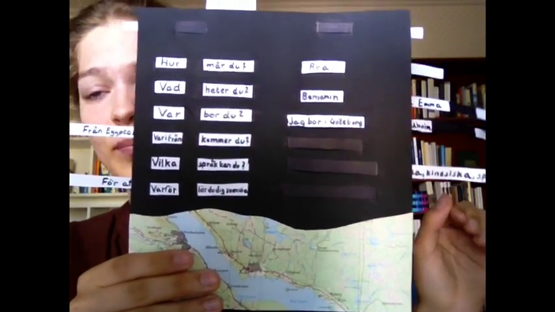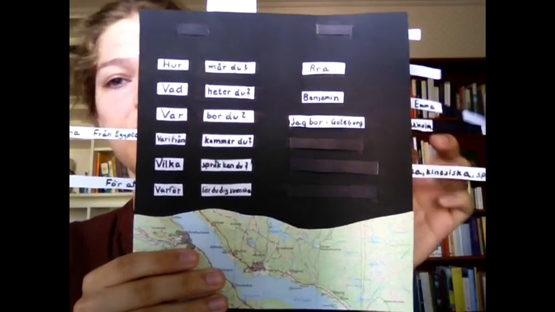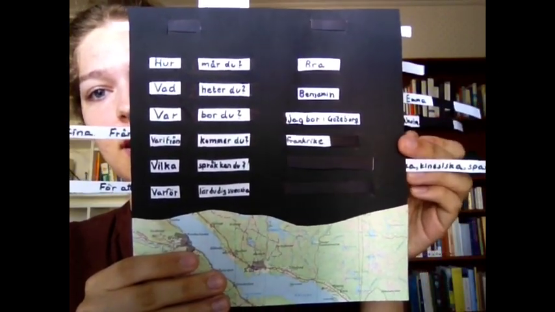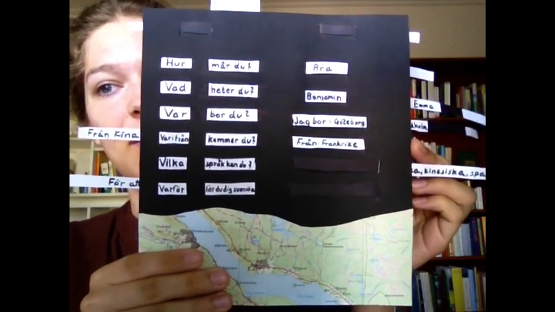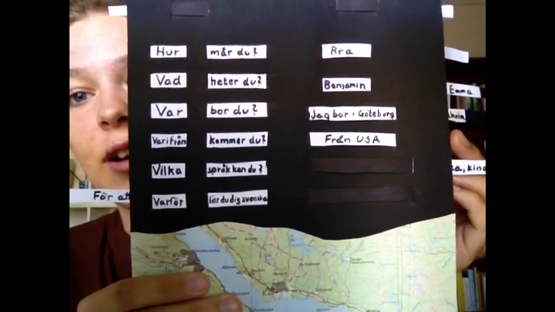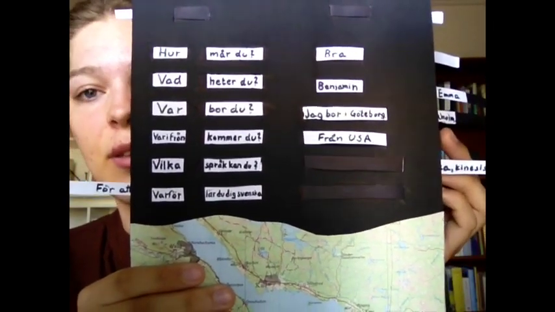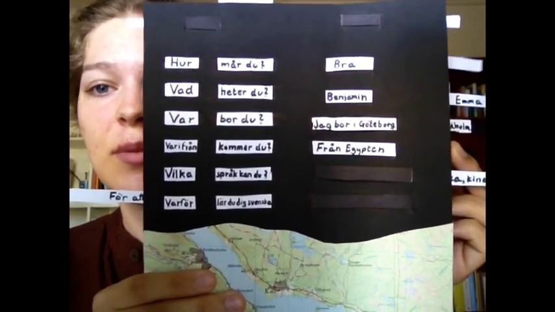And then the next question is, varifrån kommer du? And he can reply, från Frankrike, from France. Från USA, from the USA or the US. Från Egypten, from Egypt.